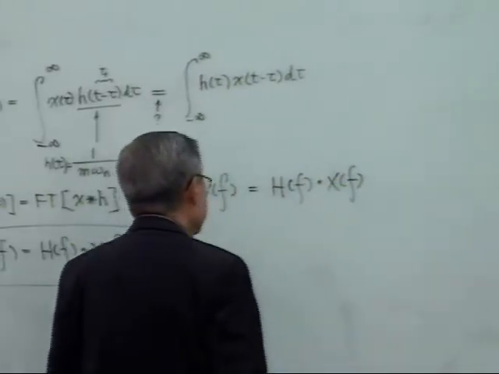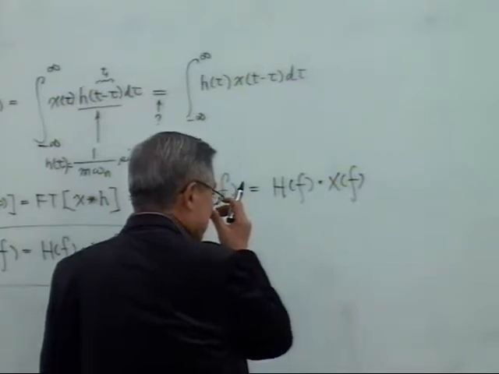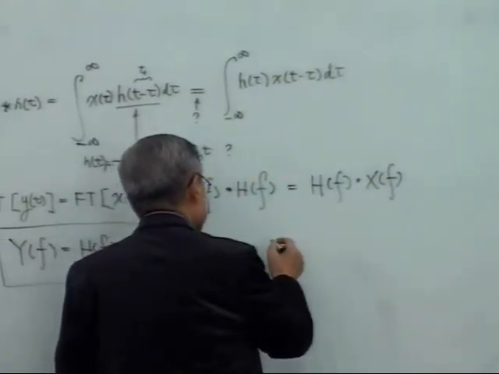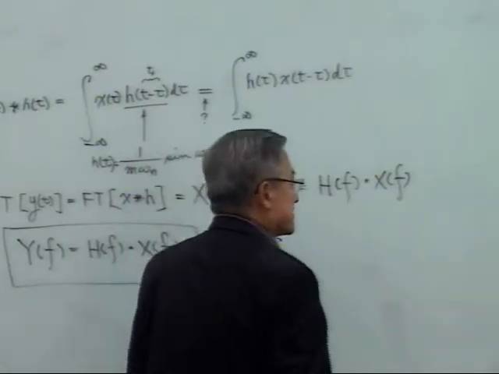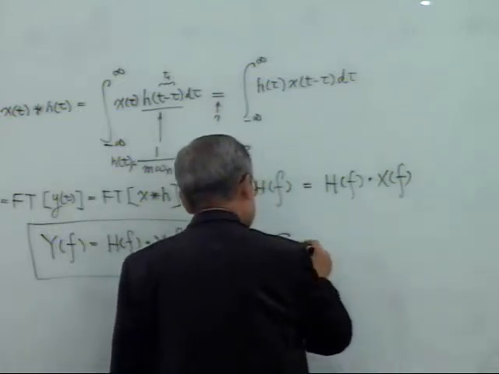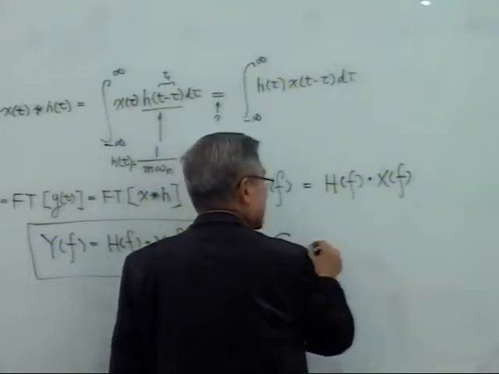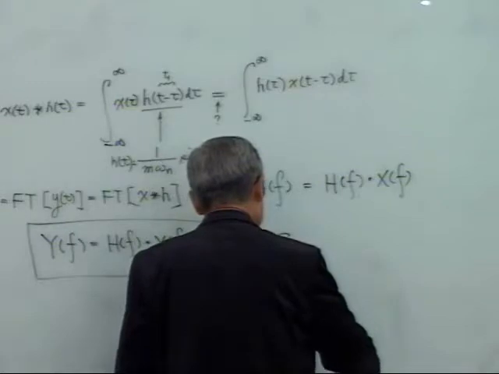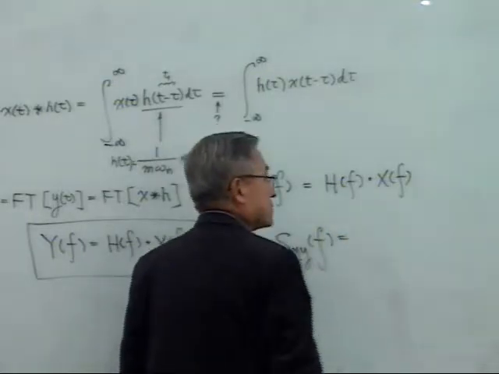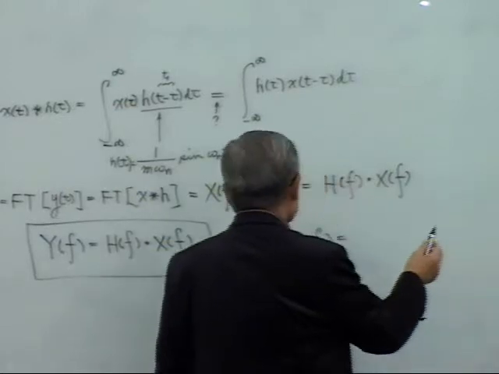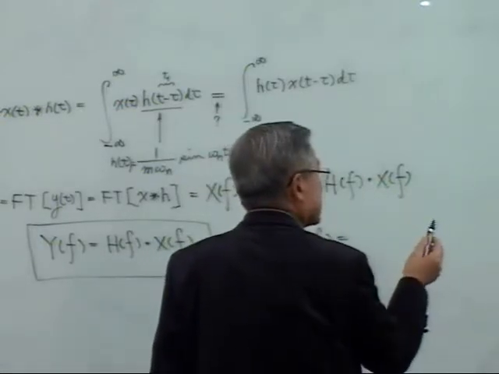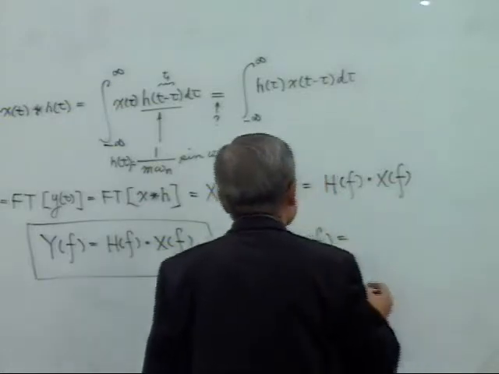And we know for the spectra, via Fourier transforms, S_YY, for example, is equal to, how can I explain this?